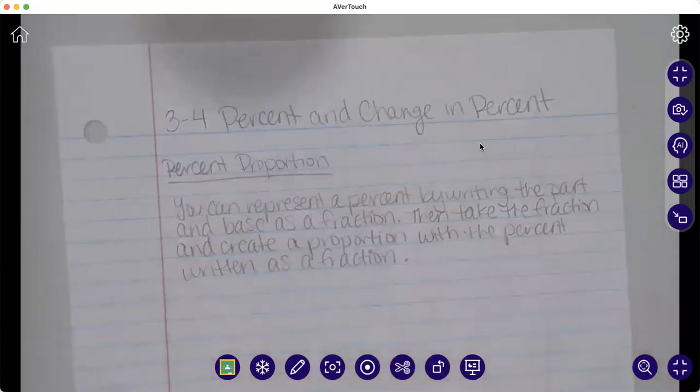So we're going to represent a percent by writing a part and a base as a fraction. And then we'll take that fraction and create a proportion with the percent written as a fraction as well.